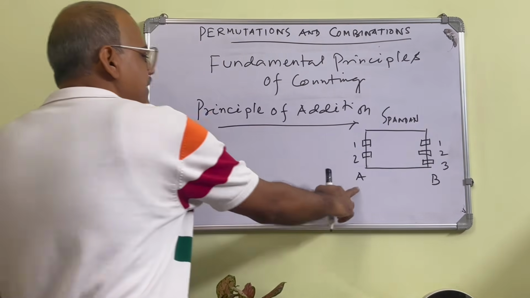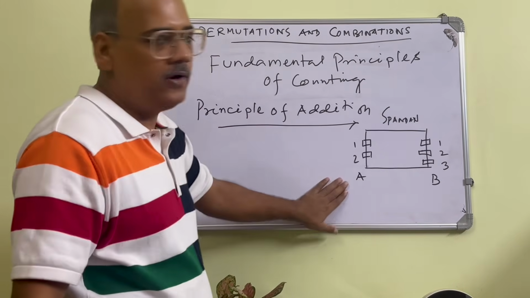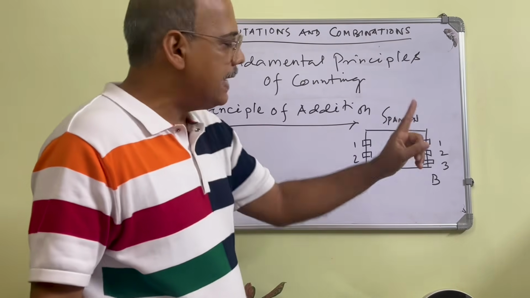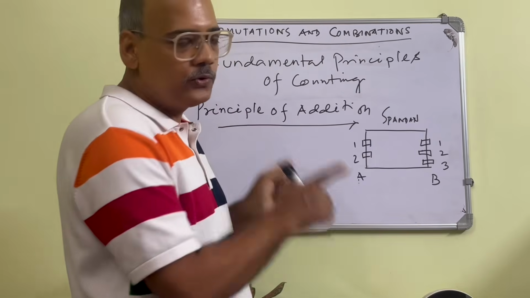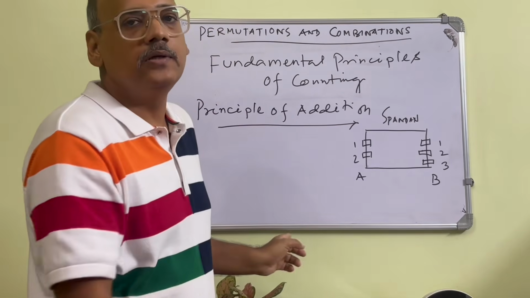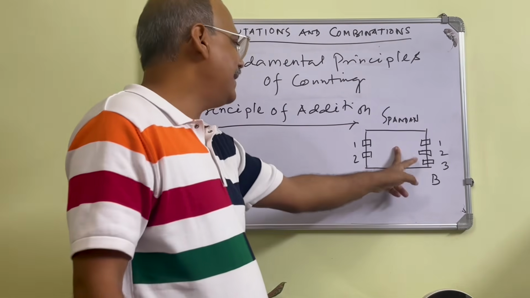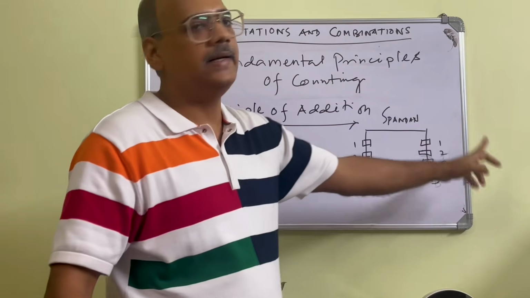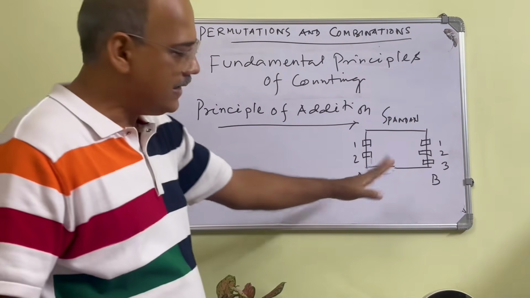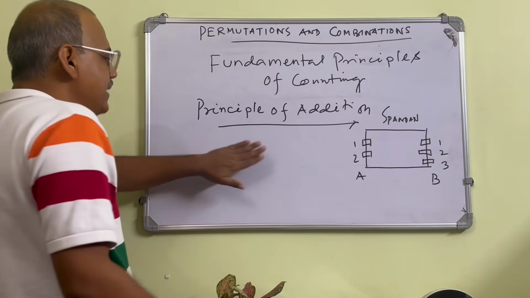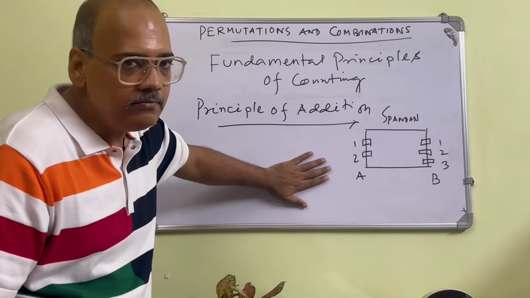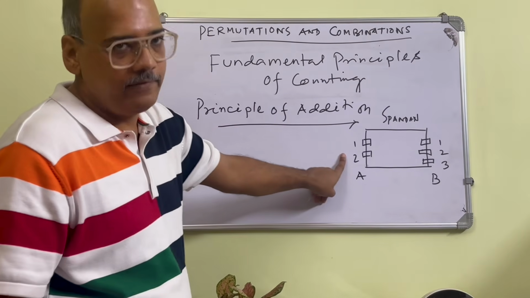So these 2 events are mutually exclusive because at a given point in time, Spandan cannot exit through both the ends. Either he will take the left hand side or the right hand side. So how many ways can he exit the room? It should be 5.